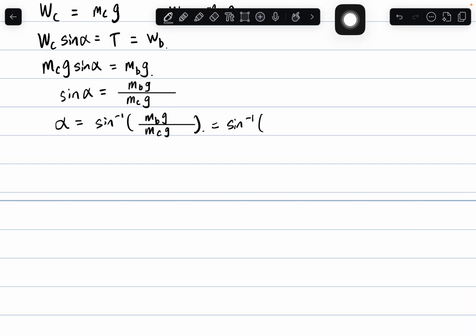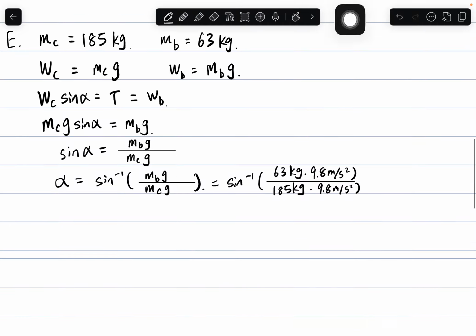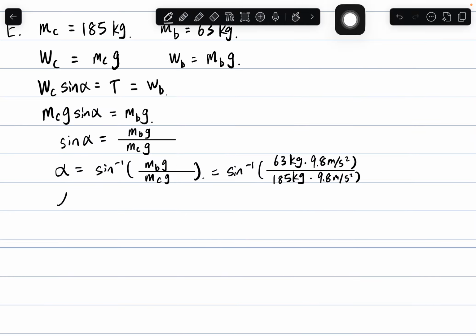So inverse sine of the mass of the bucket, which is 63 kilograms, times 9.8 meters per square second, divided by 185 kilograms times 9.8 meters per square second. And then it gives alpha, the angle, is approximately 19.9 degrees.